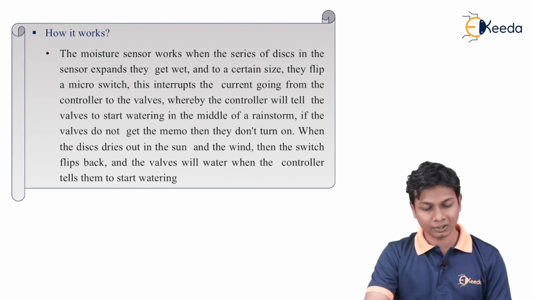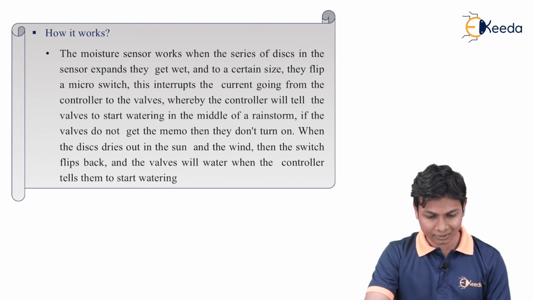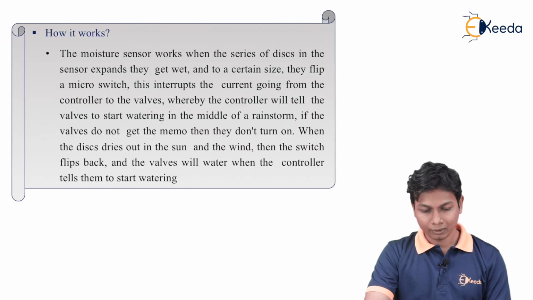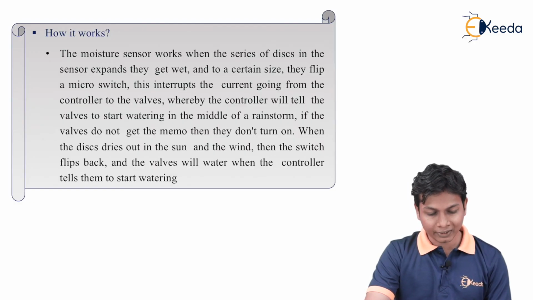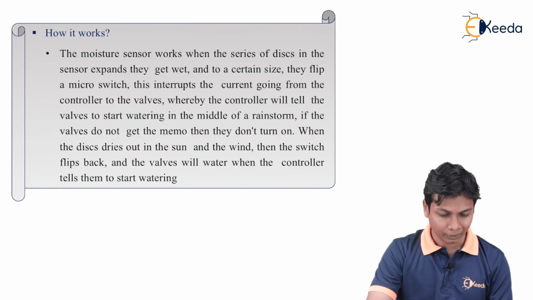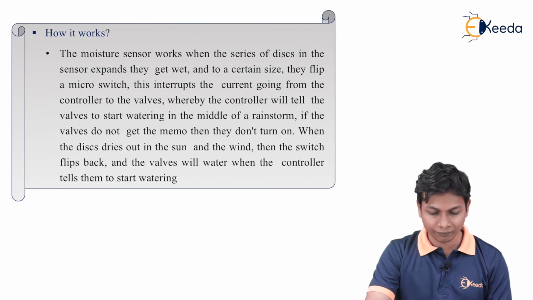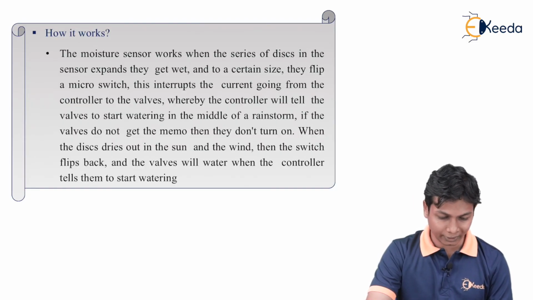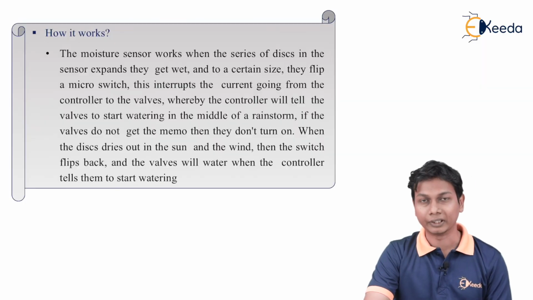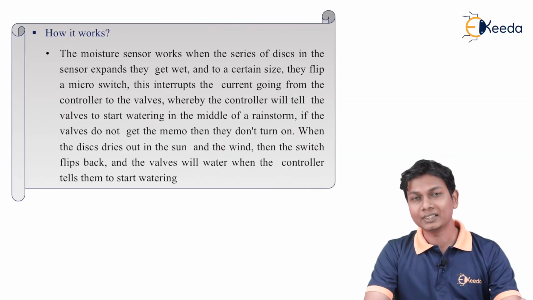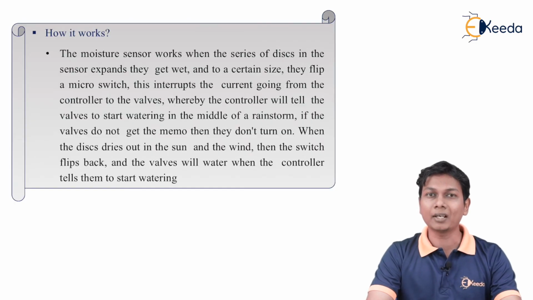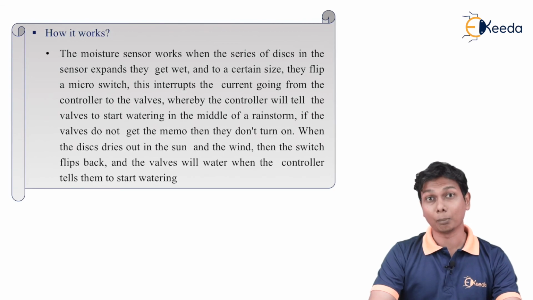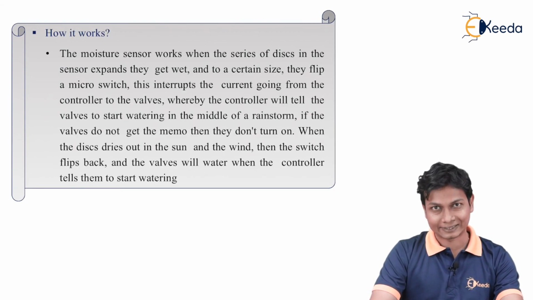If the valve does not get the signal, it doesn't turn on. When the discs dry out in the sun and the wind, the switch flips back and the valves will water when the controller tells them to start watering. So the sensor itself plays the role of a controller, depending upon the moisture it senses.